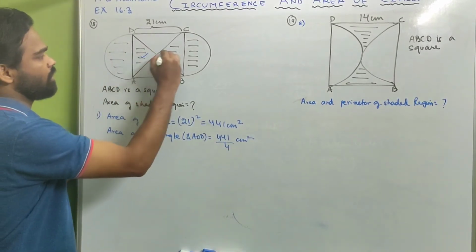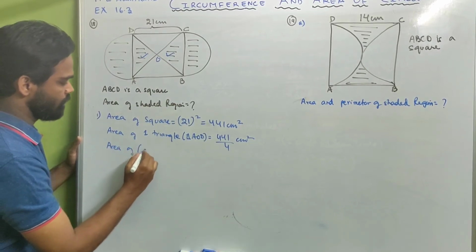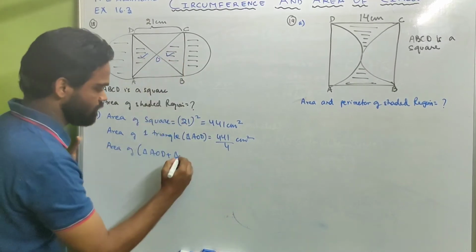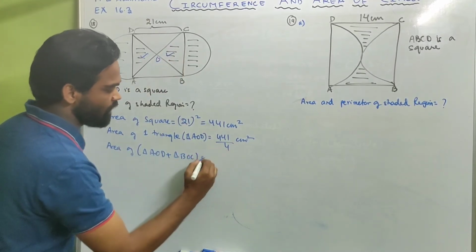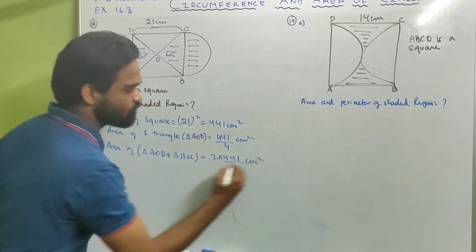So area of triangle AOD plus triangle BOC will be twice of this, 2 into 441 by 4 centimeter square.